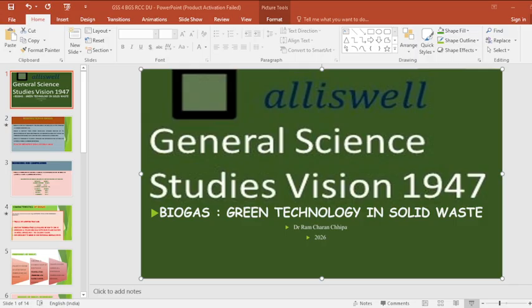Now, another definition: biogas is produced by bacteria through biodegradation. Degradation means the destruction of material. Biodegradation happens because of the bios, and here the bios are the bacteria.